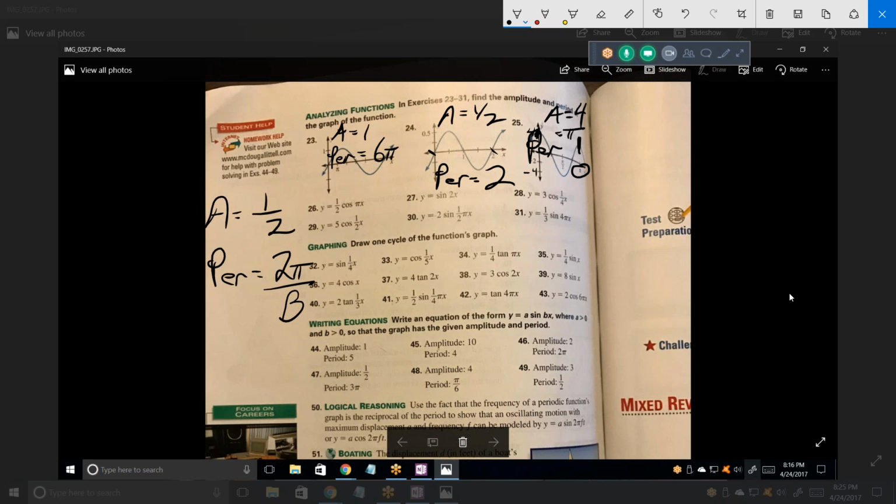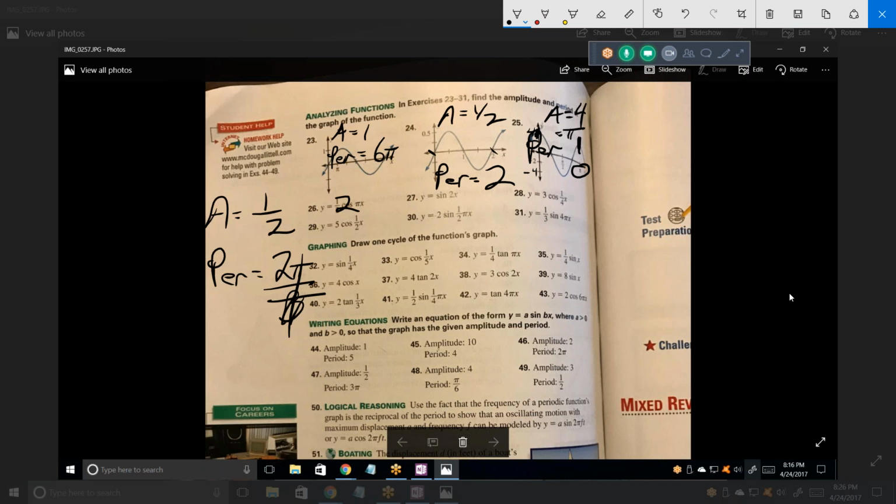So 2 pi over 1/2? No. That 1/2 is A. What's B in 26? B is always the coefficient of x. So B is pi. Gotcha. So the period is just 2. Okay, period of 2, I'll just write.